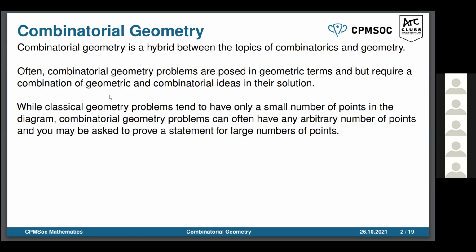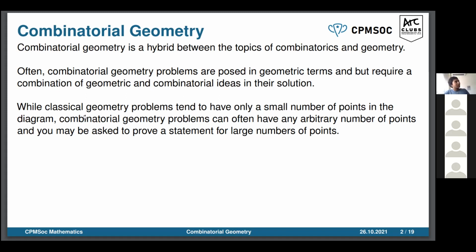Usually in classical geometry problems, like in the previous workshop on geometry, those types of problems have only a small number of points in the diagram. For example, you might have a triangle ABC and maybe one or two circles and some quadrilaterals. However, in combinatorial geometry problems, you can often have any arbitrary number of points.